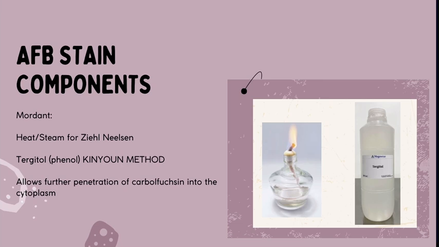The mordant allows further penetration of carbolfuchsin into the cytoplasm, or in simpler words, the mordant serves as a bridge or a link between the primary stain and the cell wall of the microorganism.